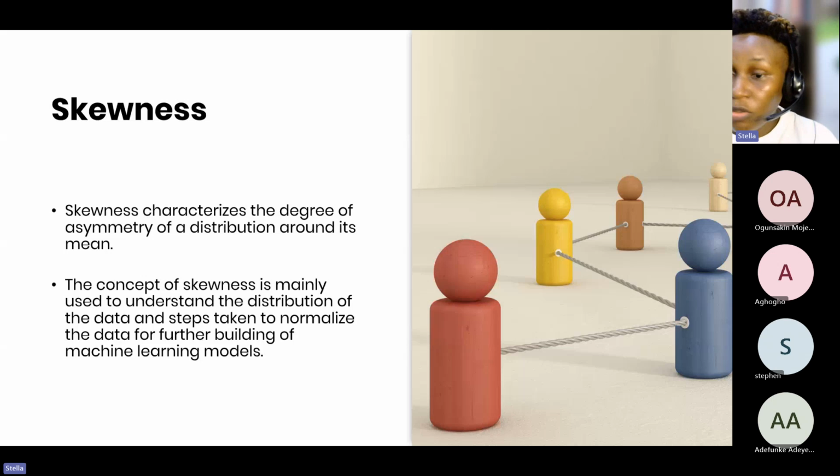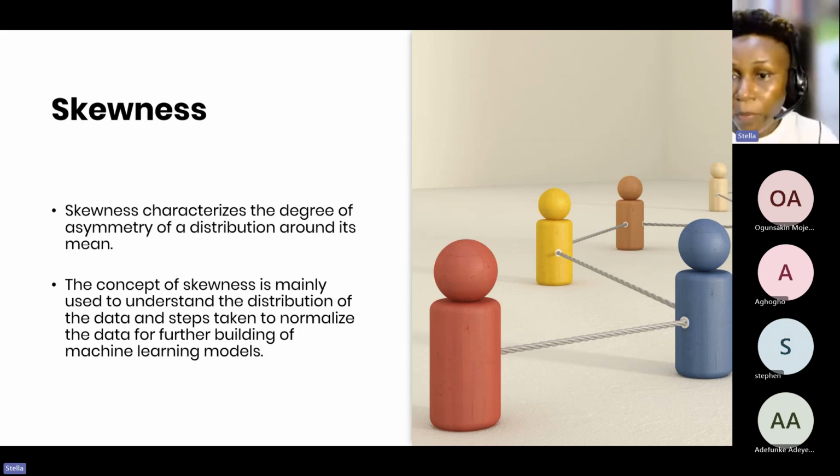Now, in data science, one of the pre-tests that you usually do before you start other processes is to check whether the data is properly distributed.